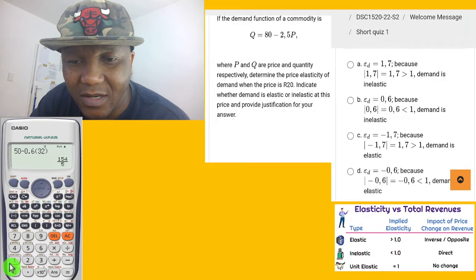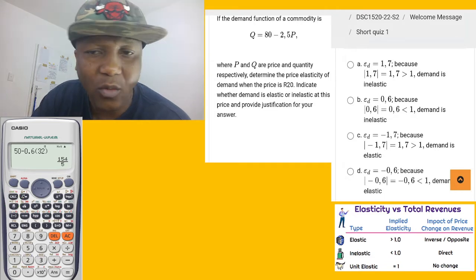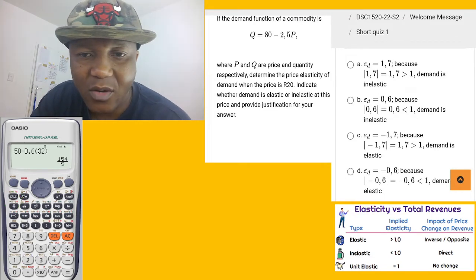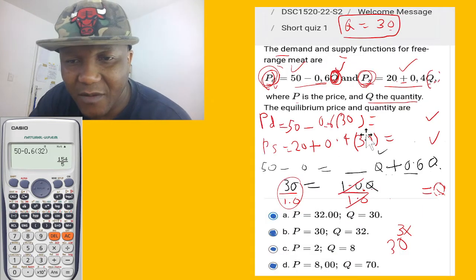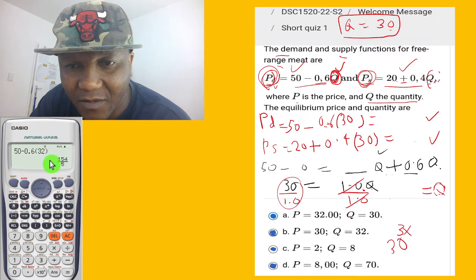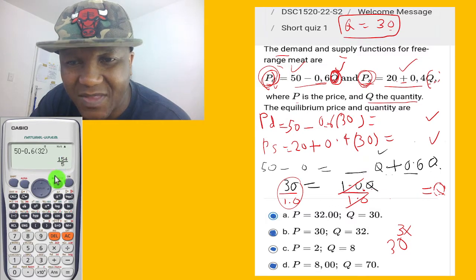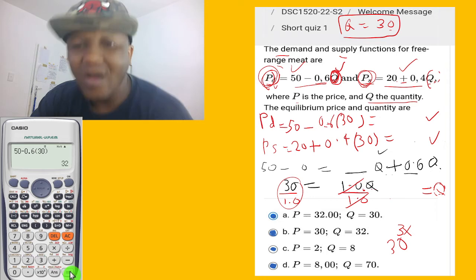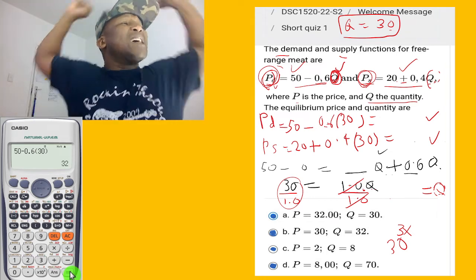Okay, 50 minus 0.6 times Q. Q is 30. So 50 minus 0.6 times 30, not 32. So the same thing is 32.